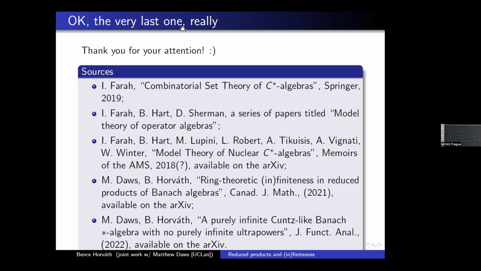This is an algebraic purely infinite notion. It of course immediately implies that your algebra is simple, and it's equivalent to the many C-star algebraic definitions of purely infinite and simple. But this is the one that you can easily make sense of in a Banach algebraic environment.